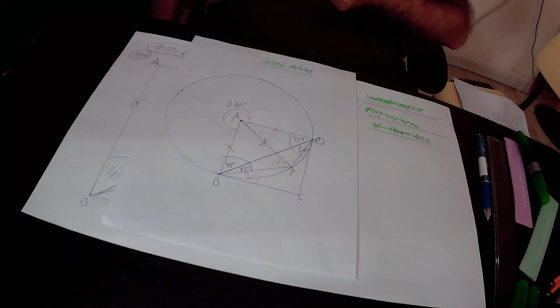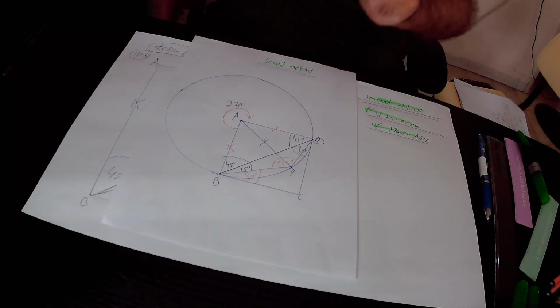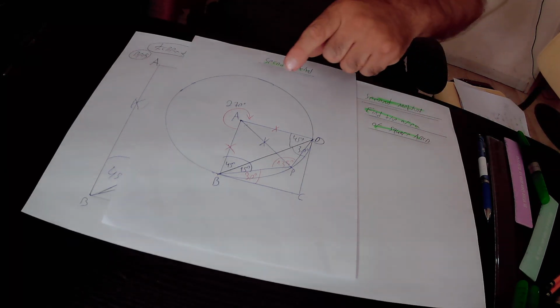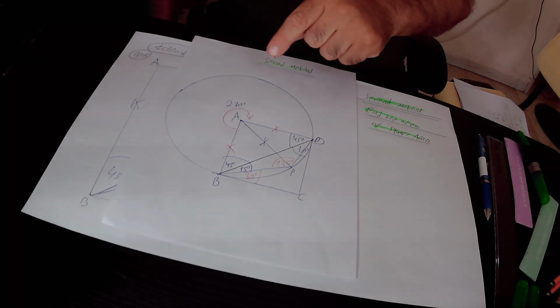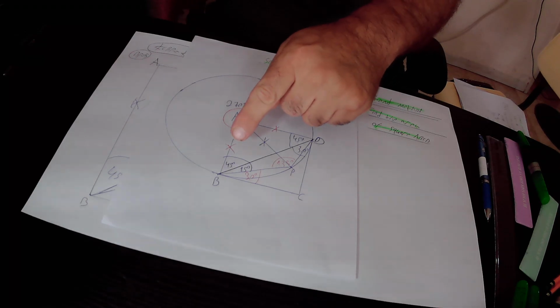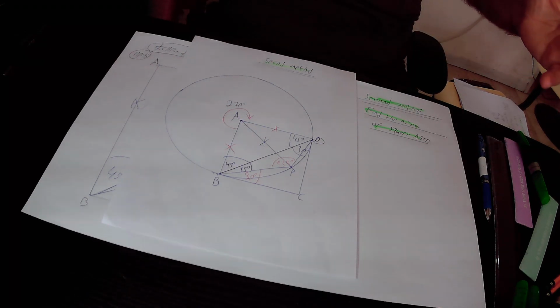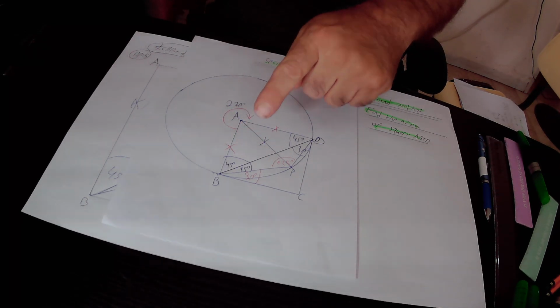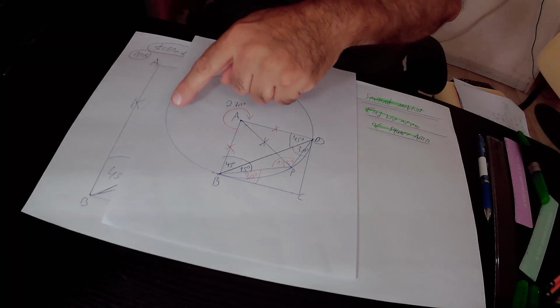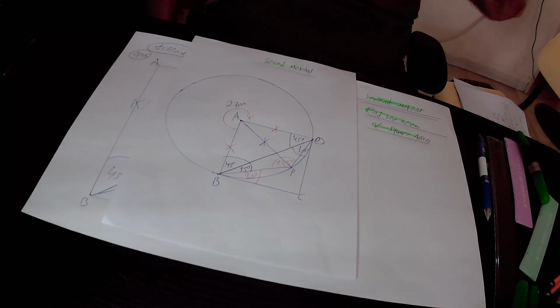The first edge lies on the center of the circle, and the second edge lies on the circle itself. Therefore, point B must lie on the circle itself. That is to say, the circle passes through point B.